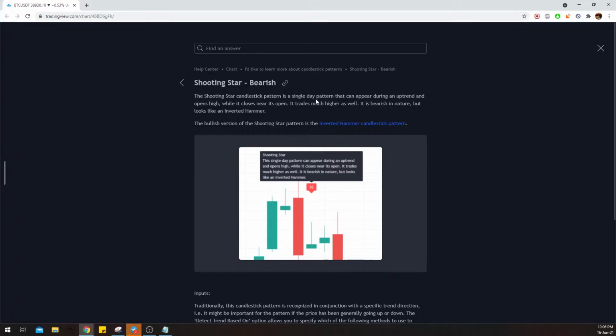In this case it's a single candle pattern that can appear during an uptrend and opens high while it closes near its open. It trades much higher as well. It can always look like an inverted hammer. I don't know why they put the name, but it's literally an inverted hammer.